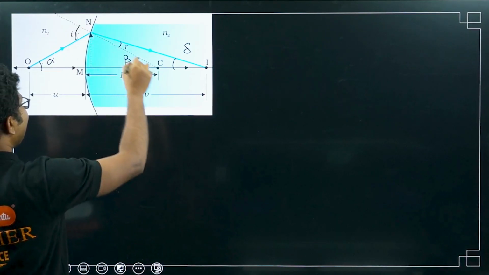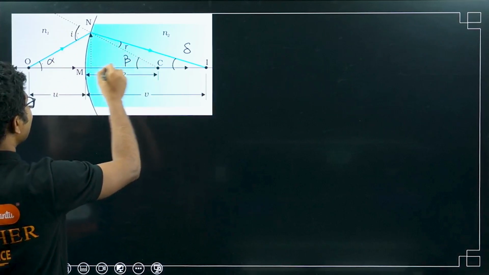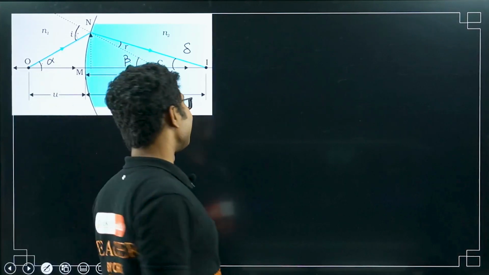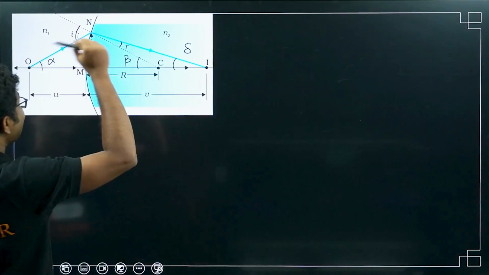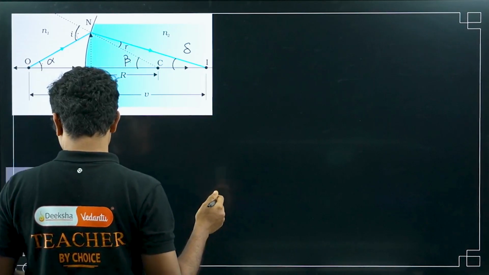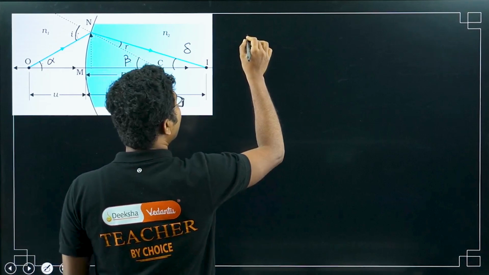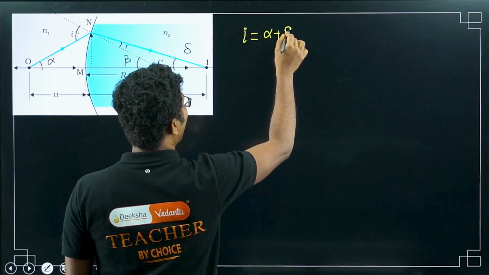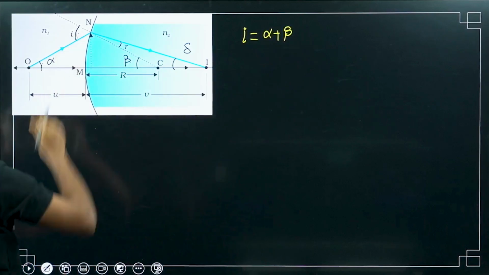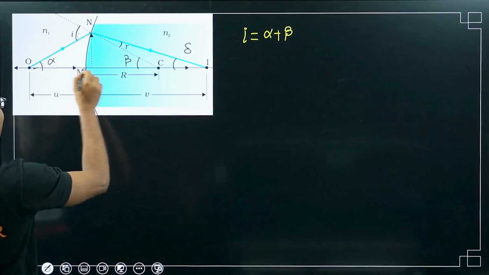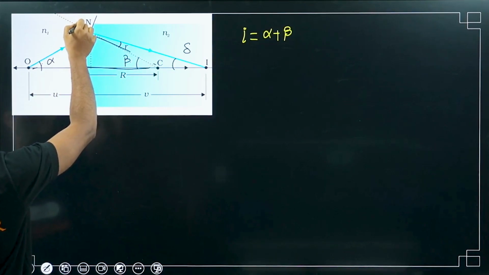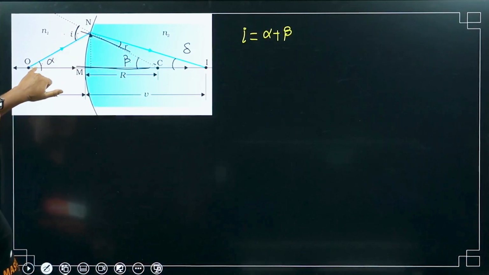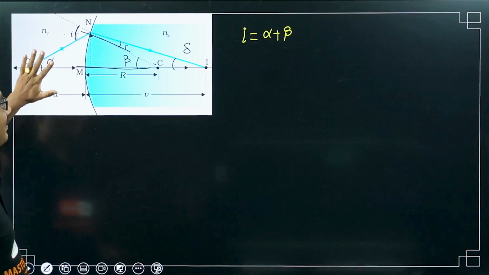If you consider this triangle, this is an external angle and these two are internal angles. We know that the sum of two internal angles equals the external angle, so i equals alpha plus beta. This part is easy.